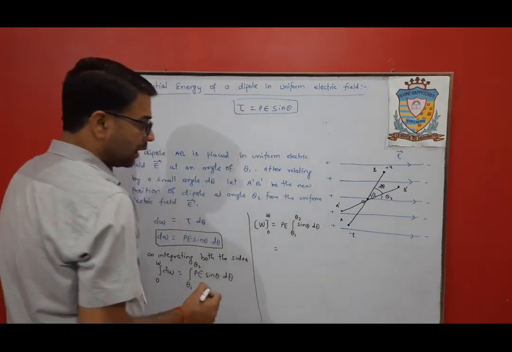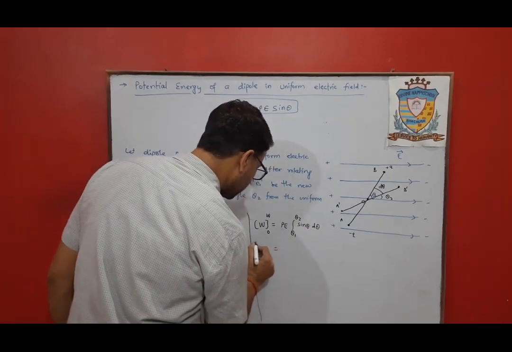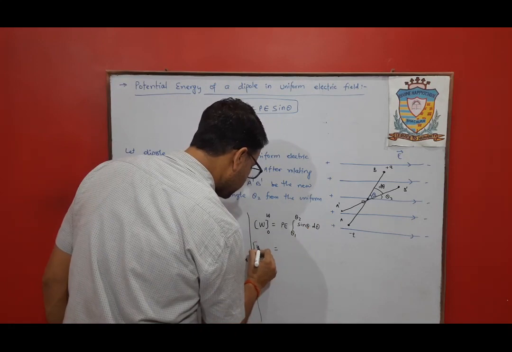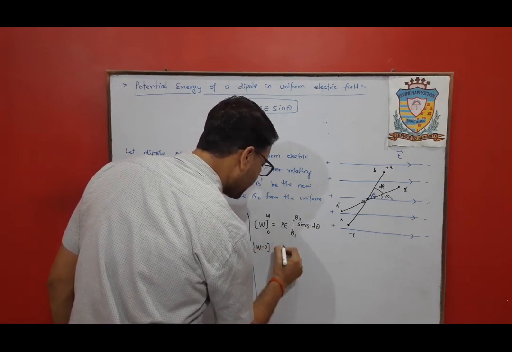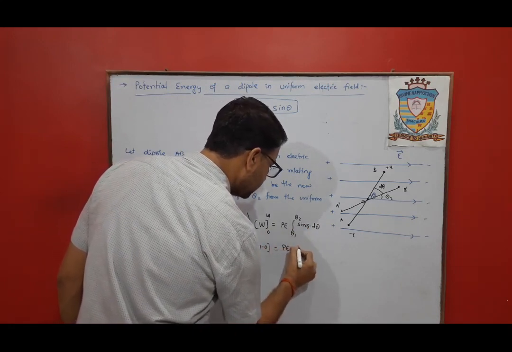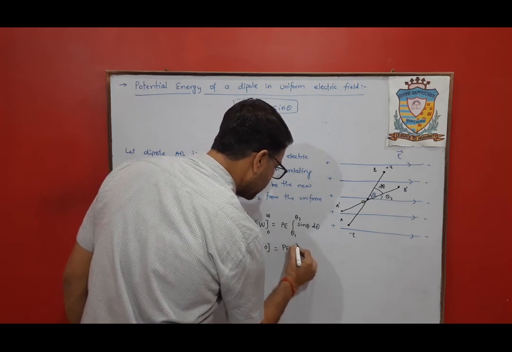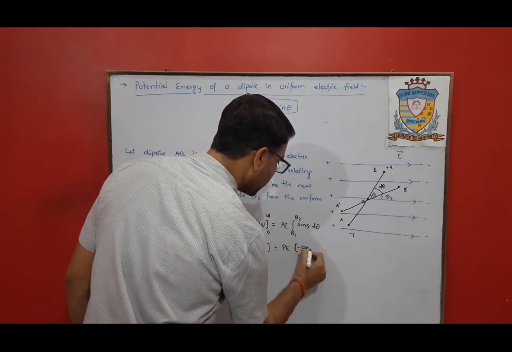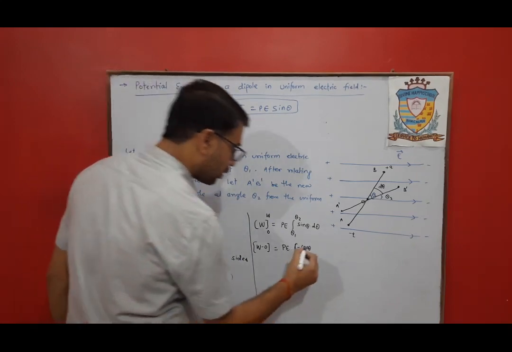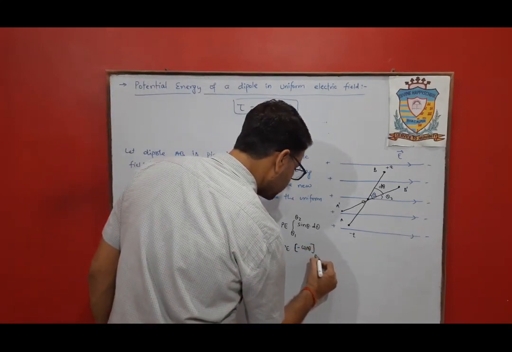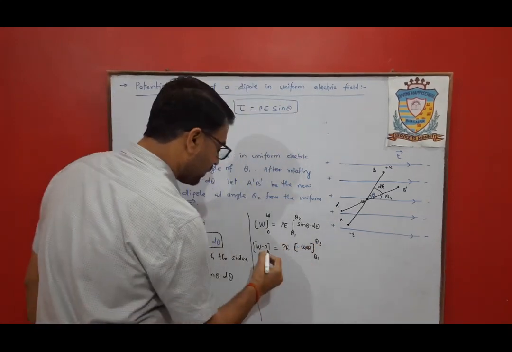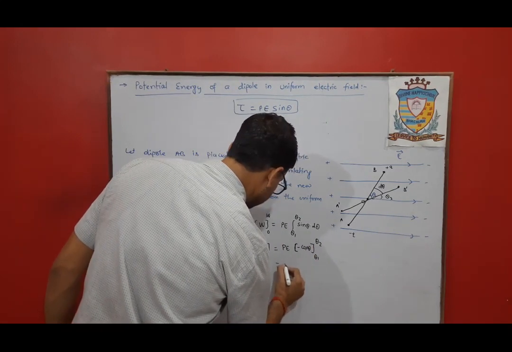And we know the integration of sin theta, upper limit is W minus 0. So PE sin theta, integration of sin theta is minus cos theta. And here is theta 1 and theta 2. Take minus sign over here.